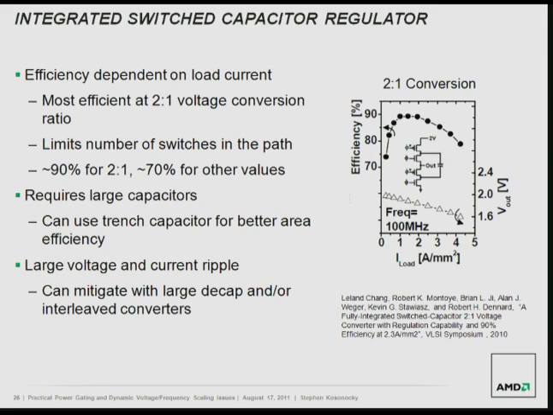There's a paper by Leland Chang at IBM that showed using trench capacitors for the switched capacitor at the VLSI Symposium in 2010, showing 90% efficiency for a 2-to-1 step down, but then it drops for other ratios.